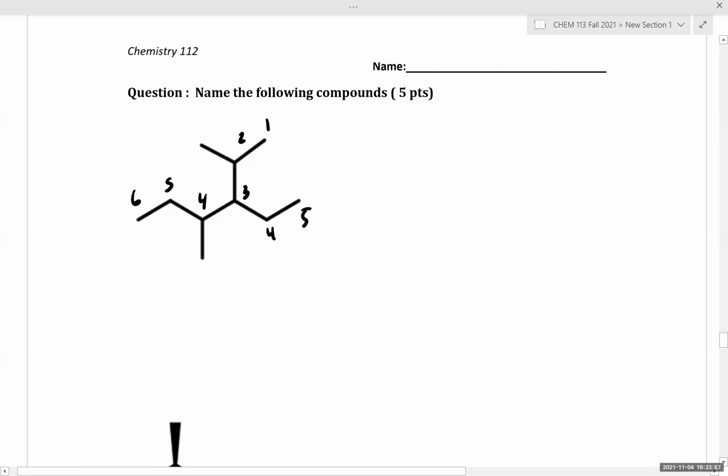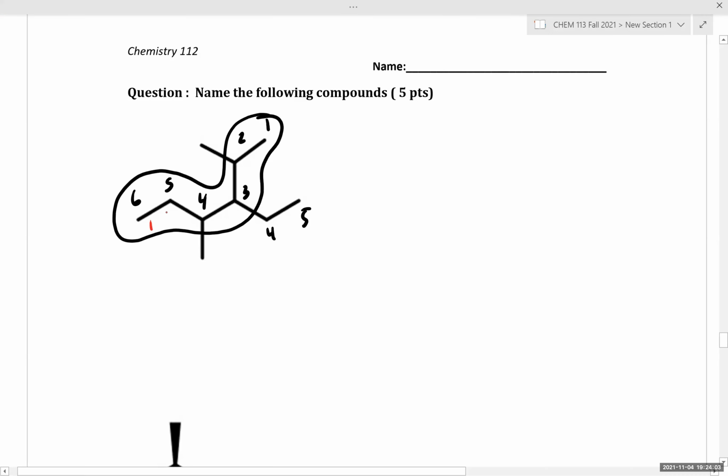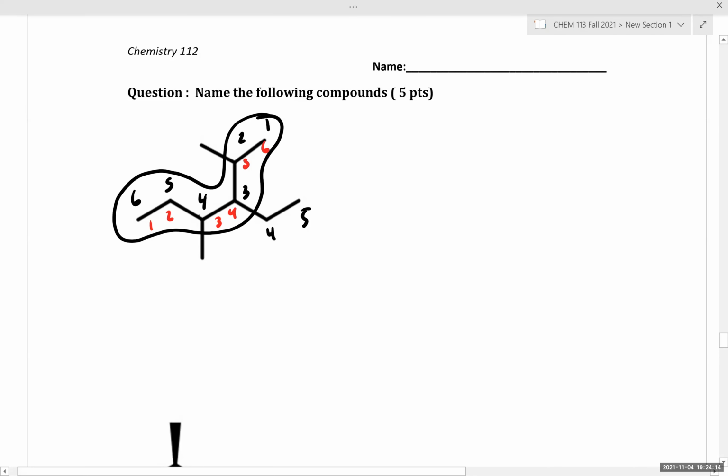So the longest chain is a 6-carbon chain. We have two methods that we can count down the chain. We can either count using the method in black or red. And from here, which of these counting methods gives us the lowest locant number for each of our substituents in counting order?